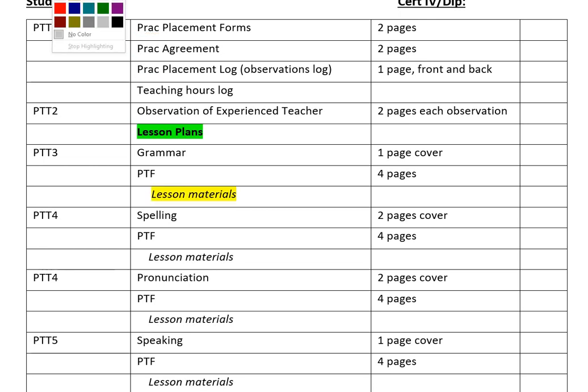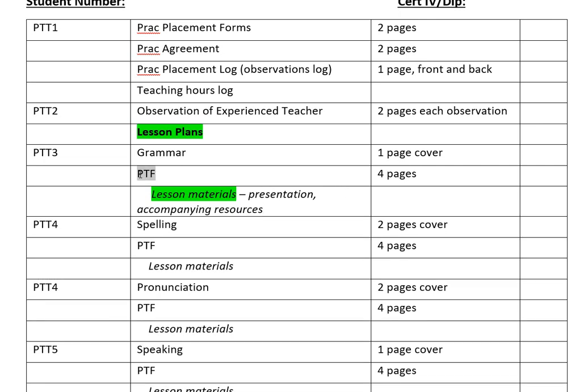So if you have used a presentation, please print or upload the presentation that you have used in your class. Please also include any other activities or documents that you may have given to students, any accompanying resources. We also need to ensure that each session includes a PTF form.